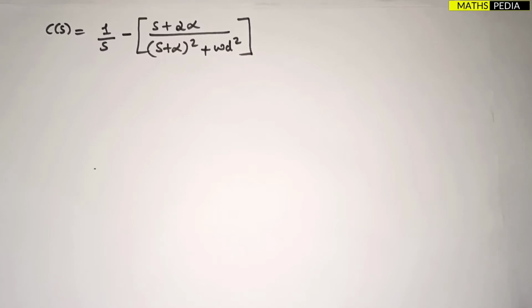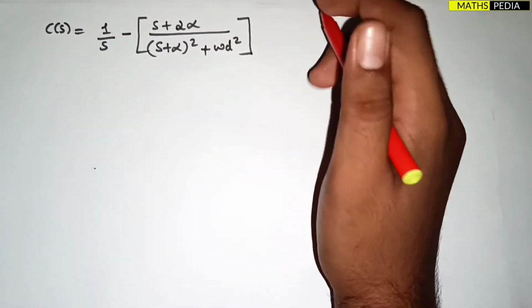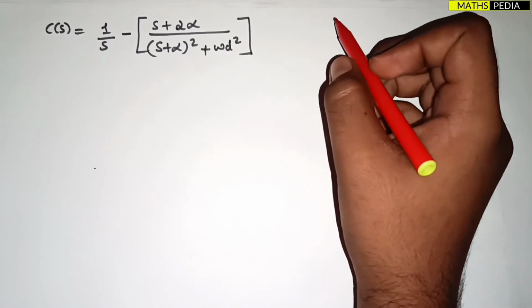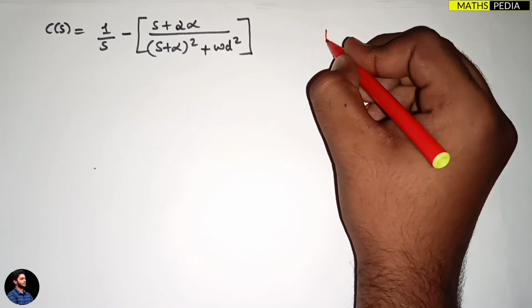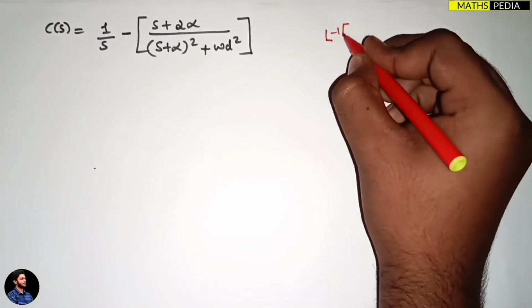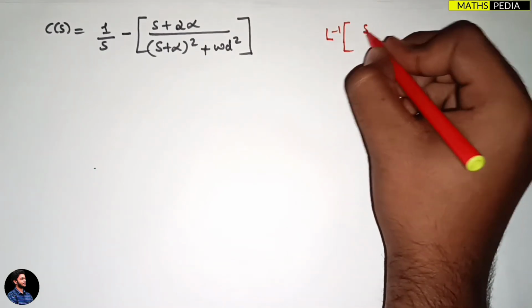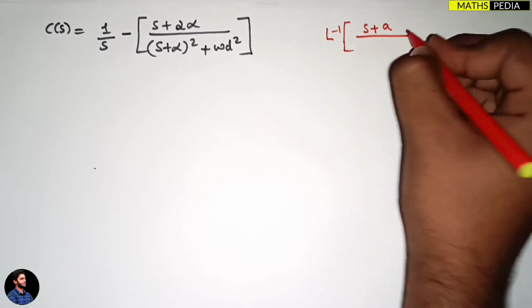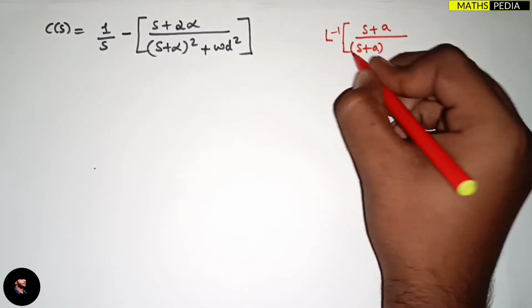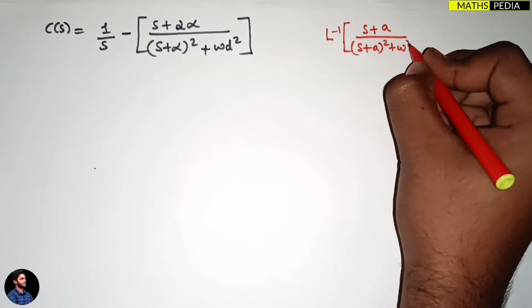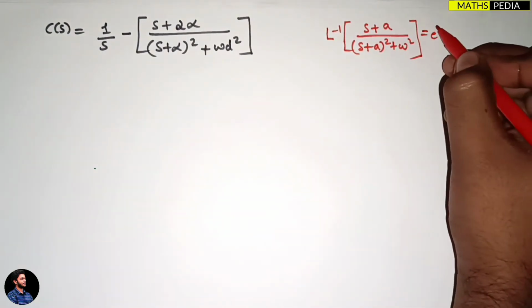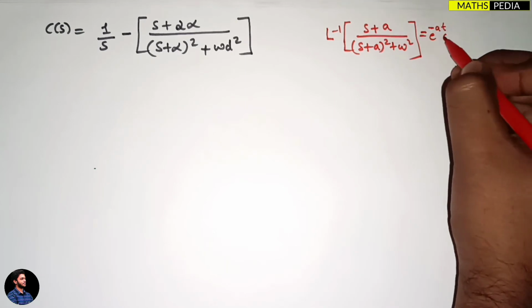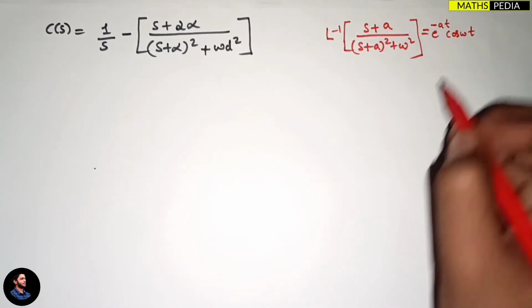Okay, now for going for Laplace inverse, we have to remember a few formulas. That is, inverse of (s plus a) by ((s plus a) the whole square plus omega square), which is nothing but e power minus at into cos omega t.